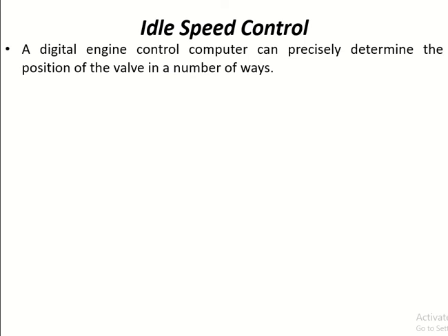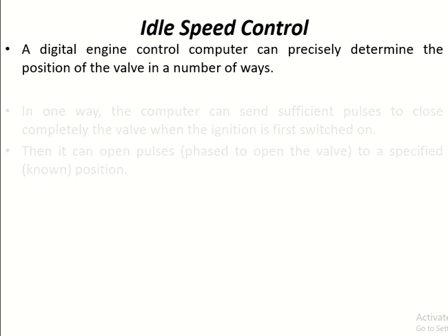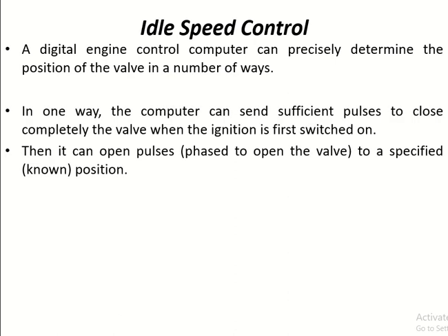A digital engine control computer can precisely determine the position of the valve in a number of ways. In one way, the computer can send sufficient pulses to close the valve completely when the ignition is first switched on.